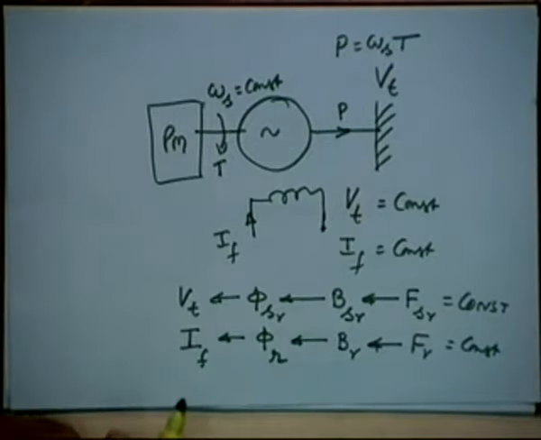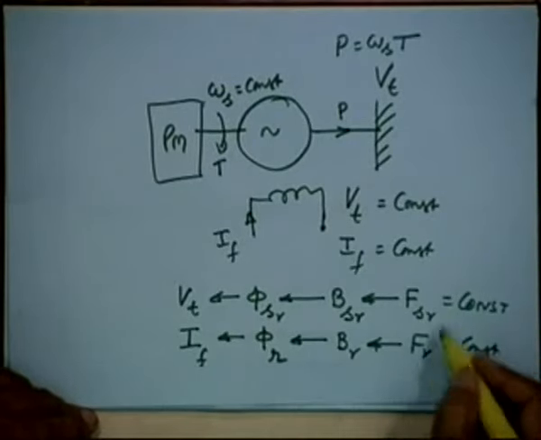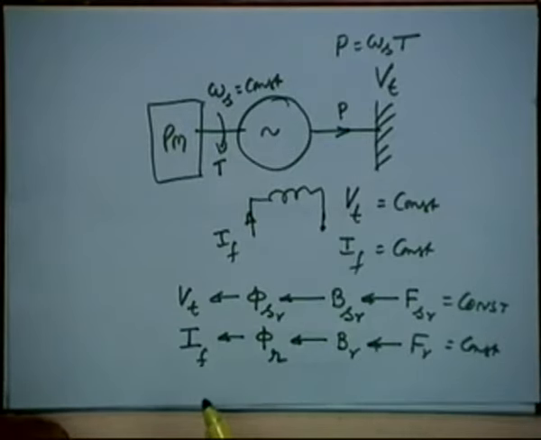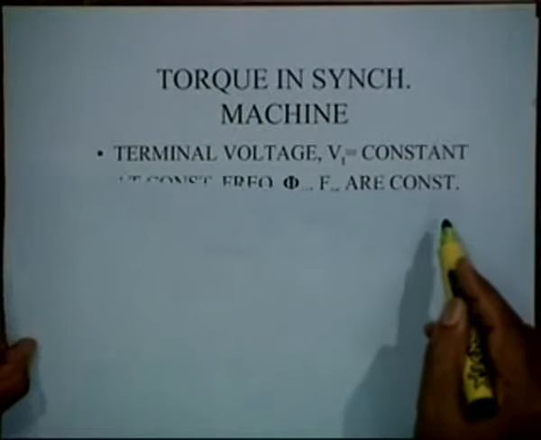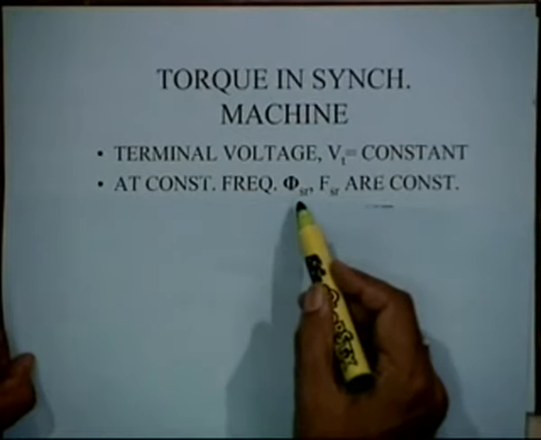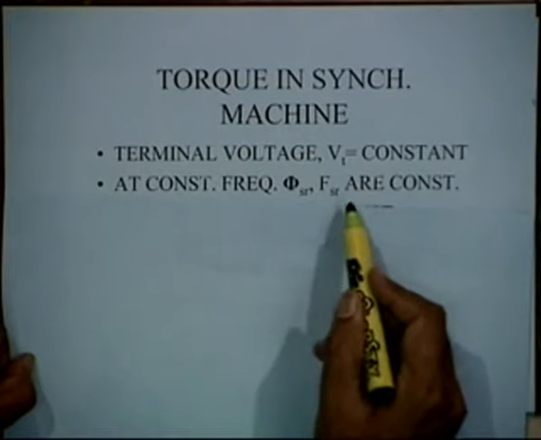So which formula do you use here? You use a formula which involves Fr and FSR, isn't it? Because these are the quantities now specified here, terminal voltage and this field or rotor. Now with this logic we see that terminal voltage is constant, Vt is constant. At constant frequency, that means phi SR is constant, FSR is constant, these two are constants.